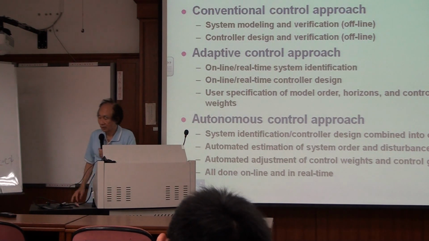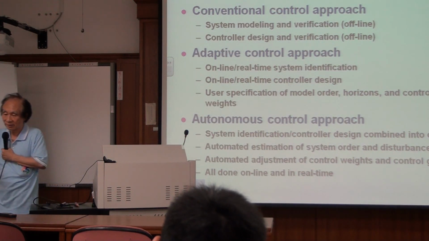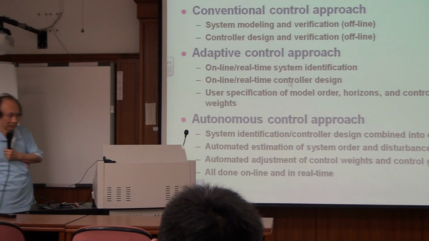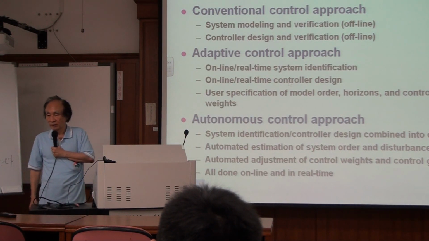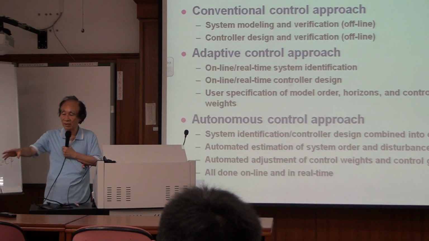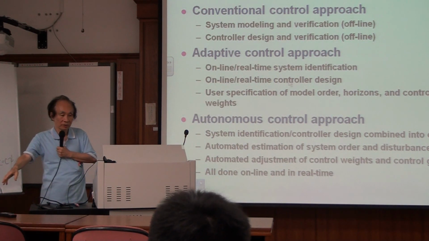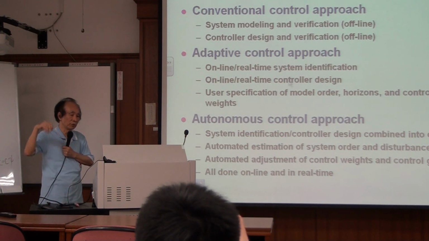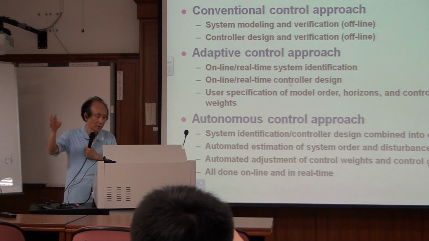Online means real time. Online real time means I let the computer do it for you. As long as I get input data and output data, my computer will recompute my model, or update the model, and so on for you.